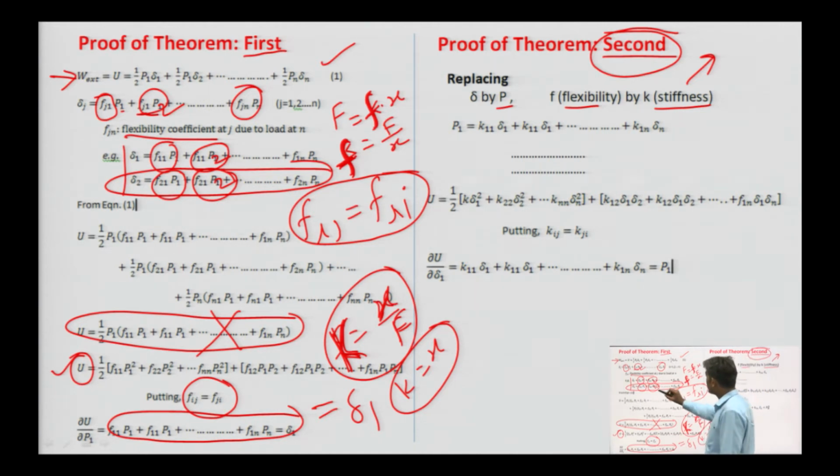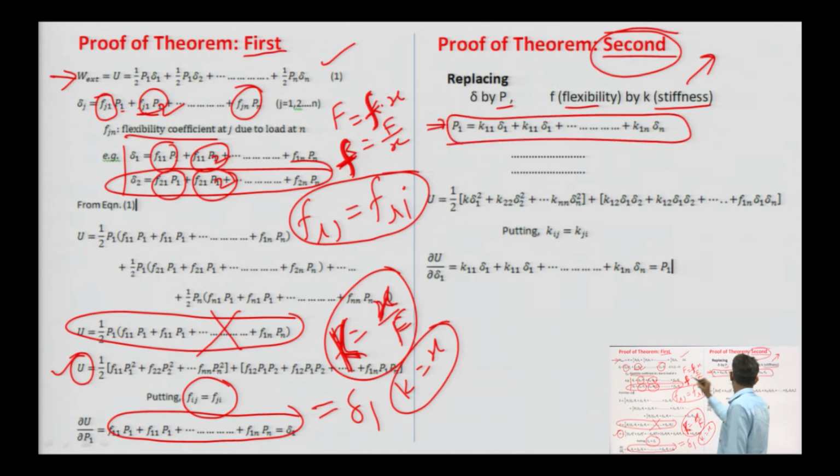So, replace f by stiffness and displacement by P. We will have the value of force P 1 equal to this one component, which is the value of the force due to displacement del 1. What is this component? The value of the force for displacement del 2. What is this? The value of the force for displacement del 1.